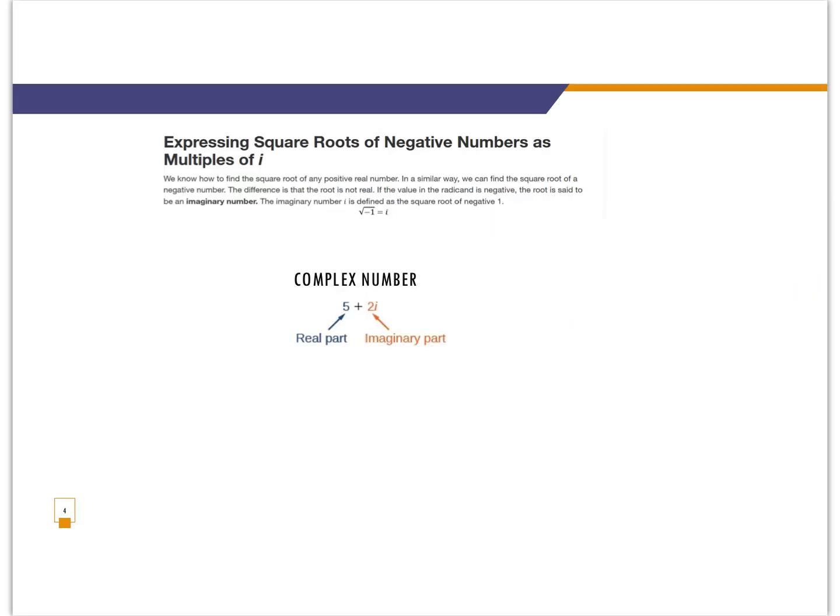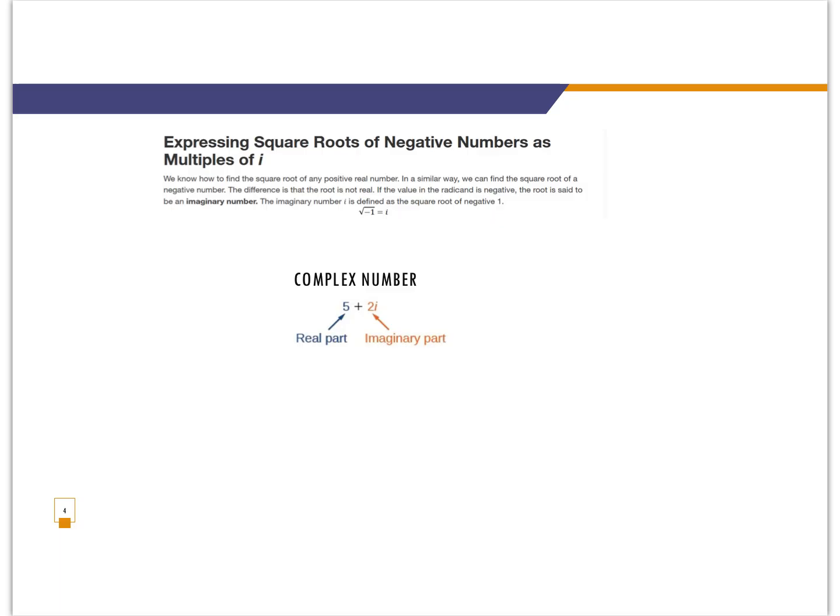So let's talk about what a complex number is. I'll read this part. We know how to find the square root of a non-negative. That means any positive real number, not negative. In a similar way, we can find the square root of a negative number. The difference is that the root is not real.